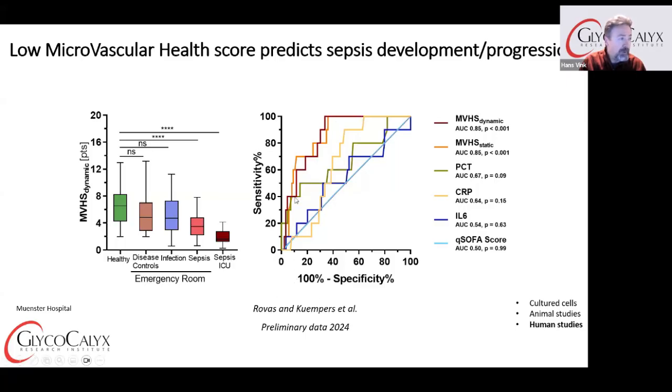The two left-most curves, so the biggest area under the curve, are our measures of microvascular health score in either a long measurement or a short measurement. That's much better than the other typical clinical parameters like CRP or IL-6, which only have about 60% area under the curve, while we have about 85% area under the curve in identifying patients at risk.